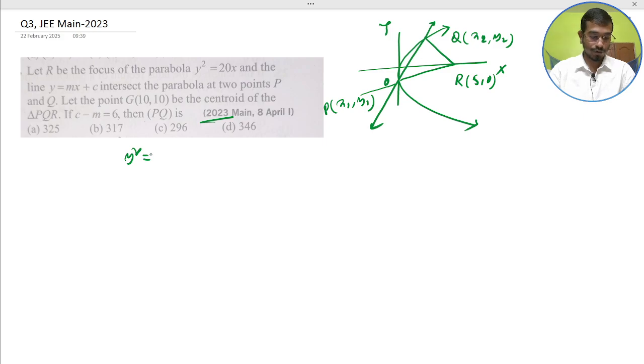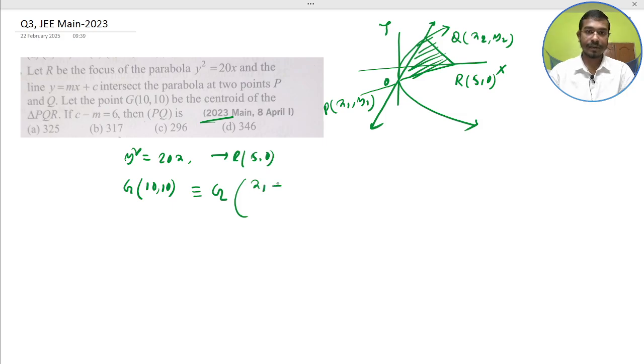So y square equal to 20x is given, which means the R point is what? (5, 0). Y square equal to 4x. So this triangle, given the centroid is (10, 10), this is equivalent to the centroid, meaning (x1 plus x2 plus 5) divided by 3, (y1 plus y2 plus 0) divided by 3.